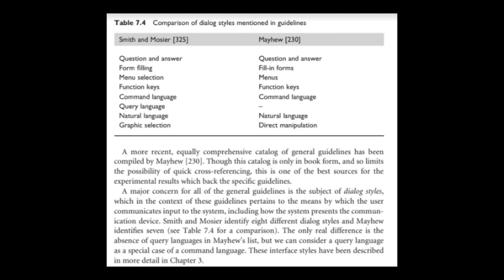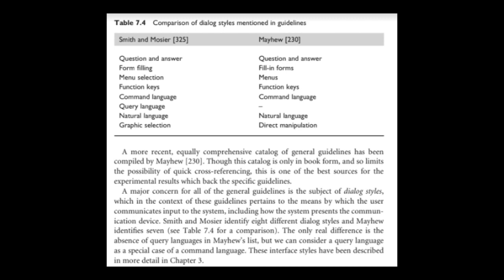A major concern for all the general guidelines is the subject of dialogue styles, which, in the context of these guidelines, pertains to the means by which the user communicates input to the system, including how the system represents the communication device.